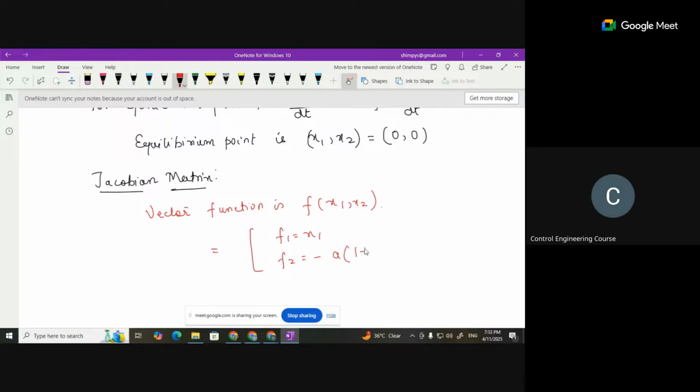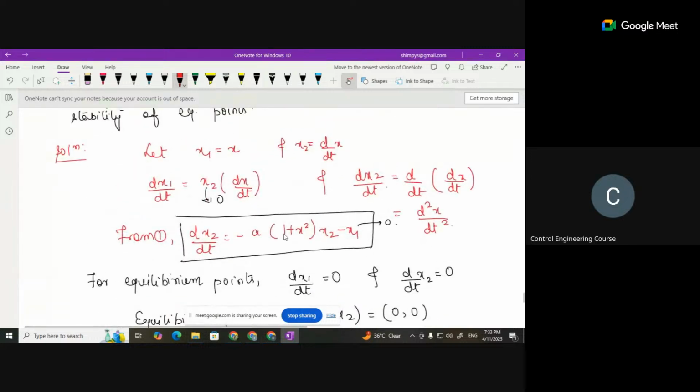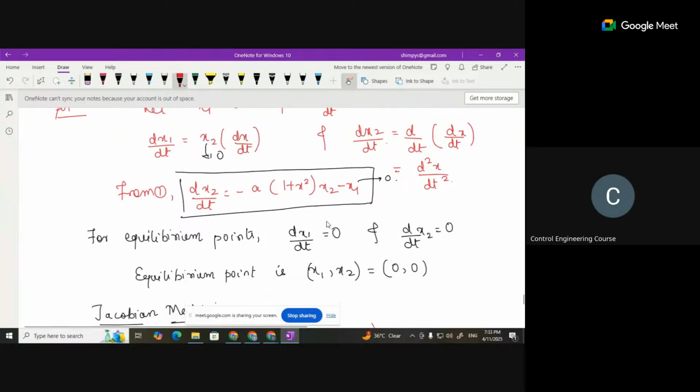Minus a times 1 plus x1 square x2 minus x1. We have written this earlier, right? This is our dx2 by dt, and this is our dx1 by dt. Fine.